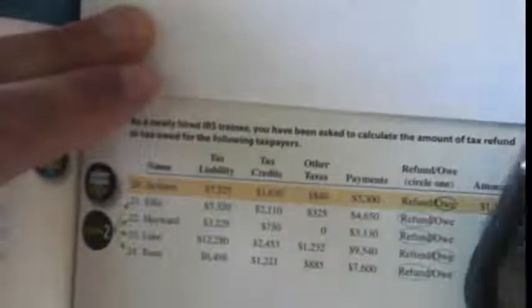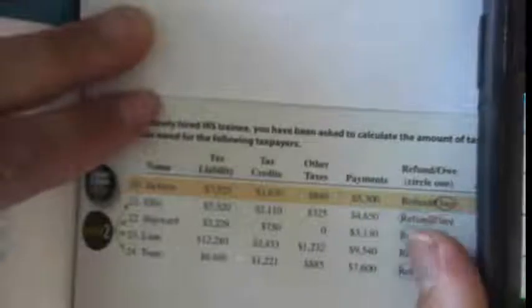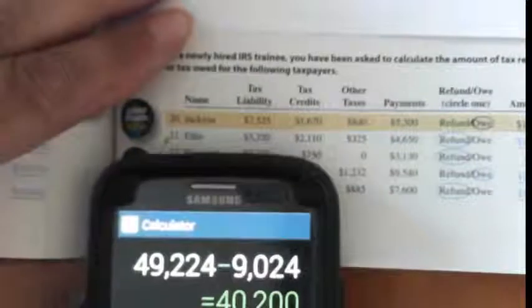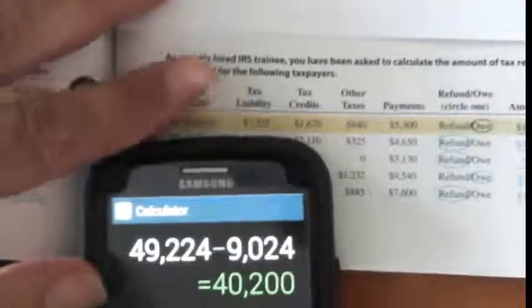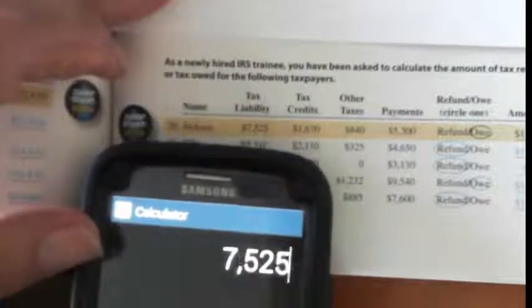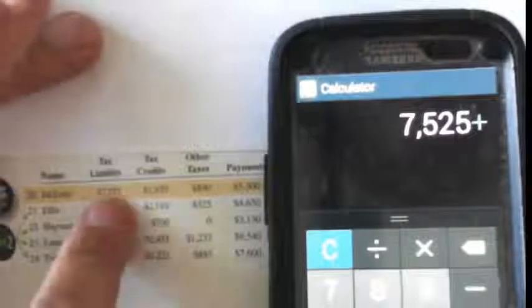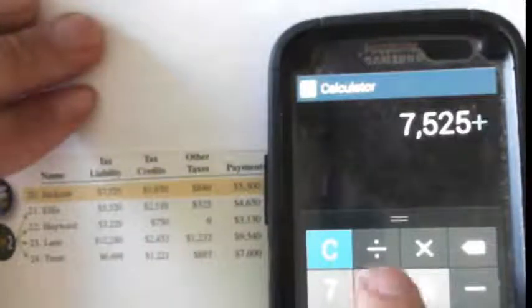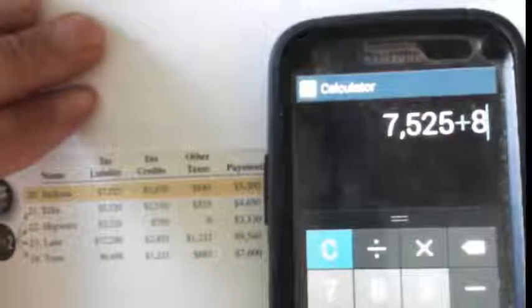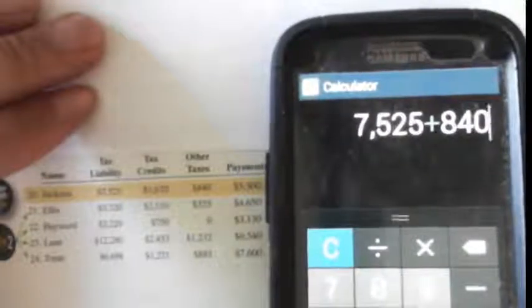Well, with your calculator, you would take your tax liability. I'm going to try to slide that up so I can get the calculator under here where you can see it. So you would take your tax liability of 7,525, and you would add your other taxes of 840.